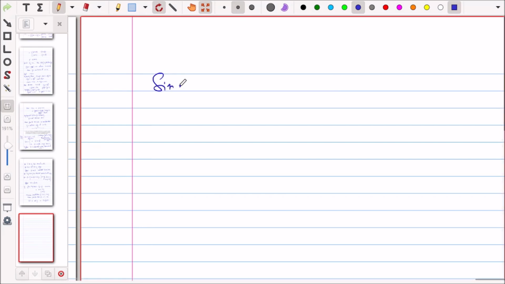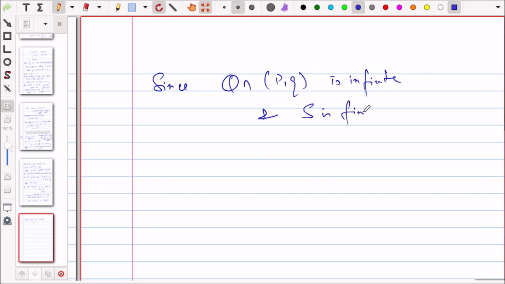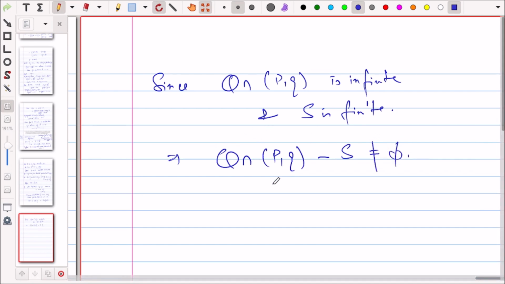Now S is finite, and since Q intersection (p, q) is infinite, because every interval contains infinitely many rational numbers, and S is finite, this implies Q intersection (p, q) minus S is non-empty. In fact, this is also an infinite set.